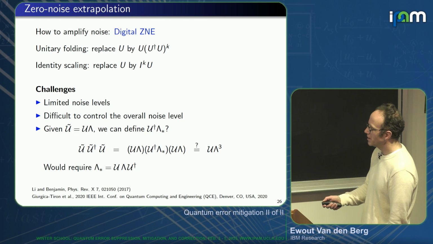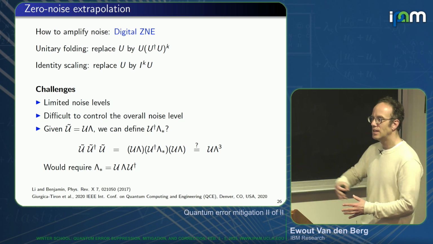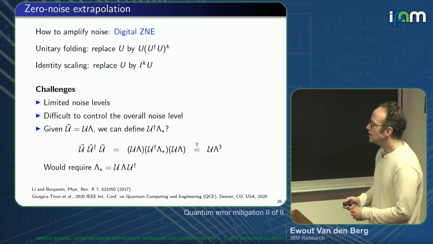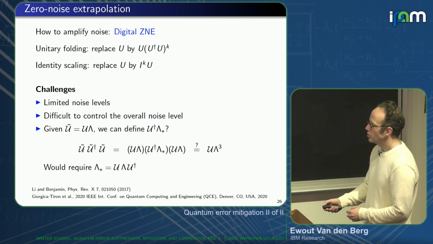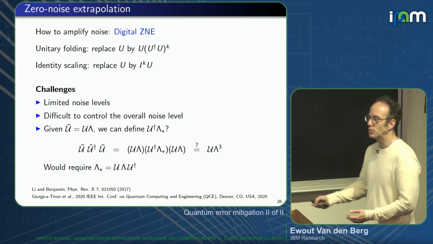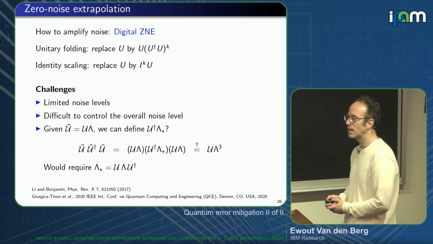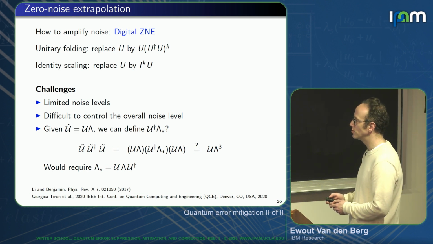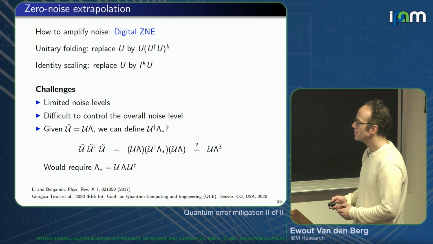And so if you apply this, how do you get the noise to the power 3? You kind of want to exponentiate the noise there. In this case, that would require that the noise channel is invariant under your unitary. So let's say global depolarizing, then it would work, but maybe that's not an entirely realistic noise model for a single gate. So this has some complications.